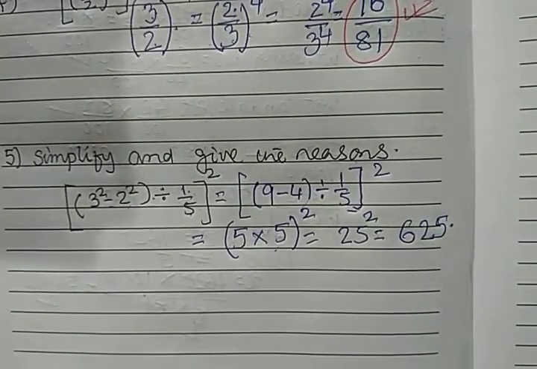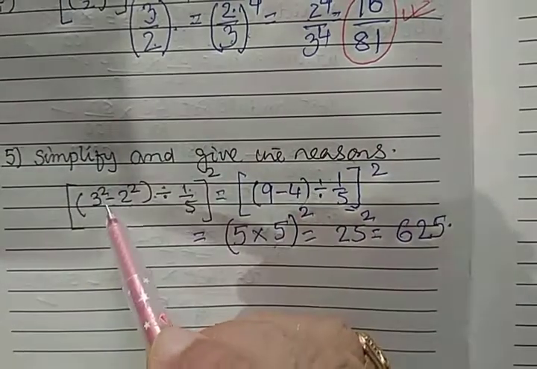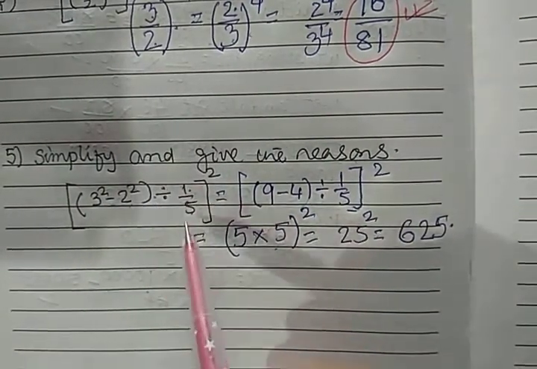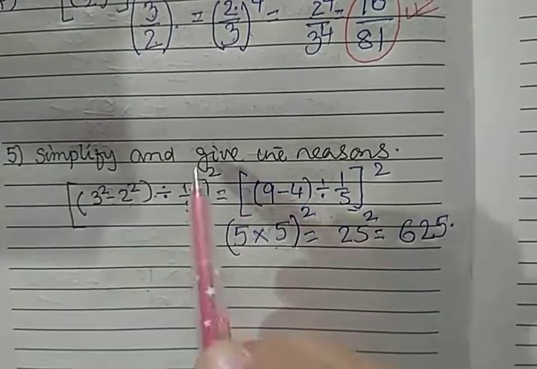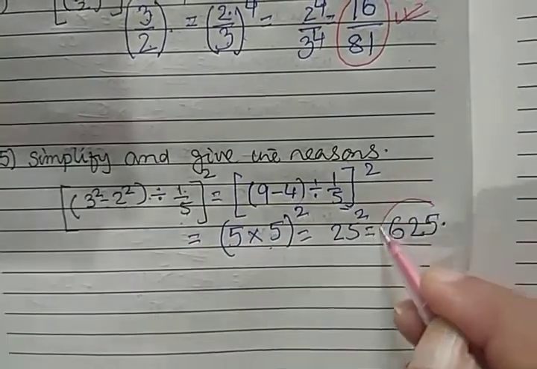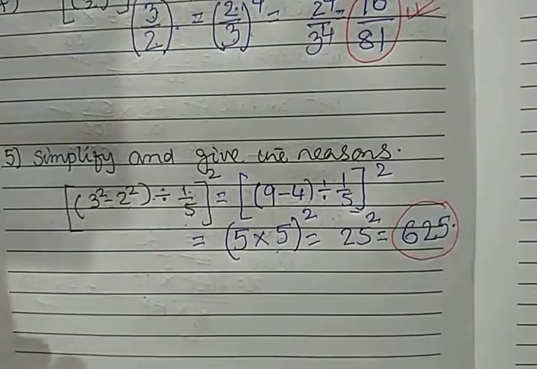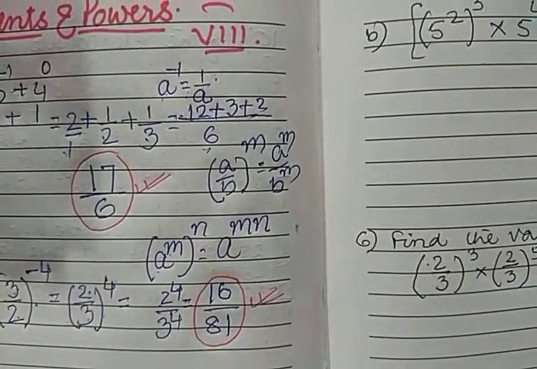So if you simplify 3 square minus 2 square divided by 1 by 5 whole square, how much do you get? 625. So now let us do one more sum.